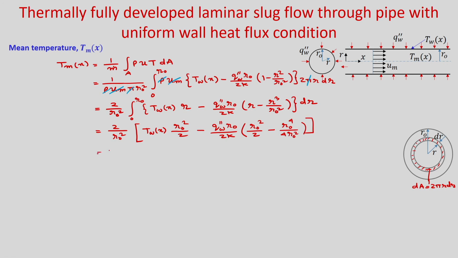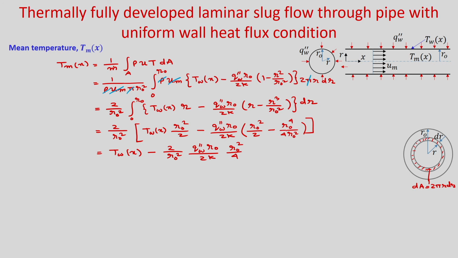Okay. So, if you simplify it, if you multiply 2 by r naught square q naught w by r naught by twice k and subtract it, it will be r naught square by 4, because r naught square by 2 minus r naught square by 4.